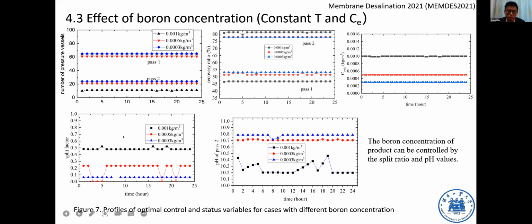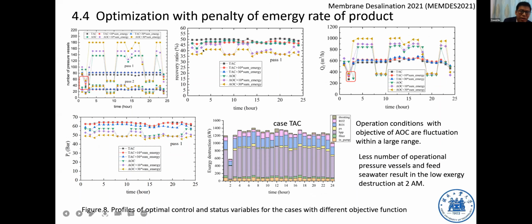We found that we can control the spin ratio and pH value, so we can adjust the product concentration. And finally, we compare the different objective functions with the penalty of average rate of product.